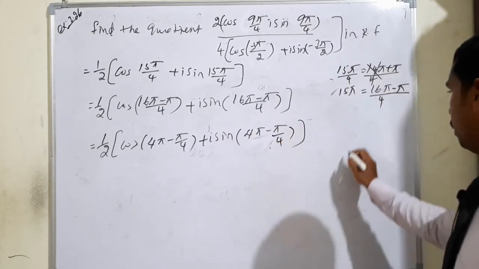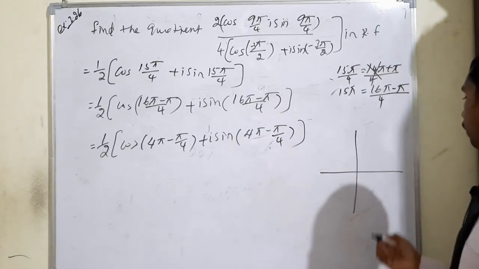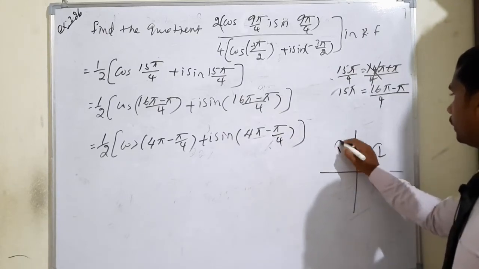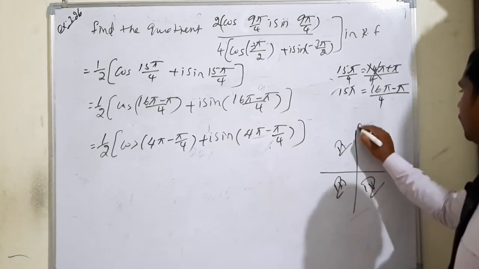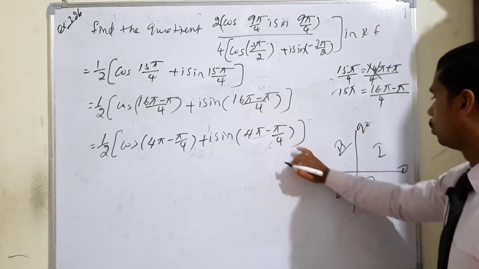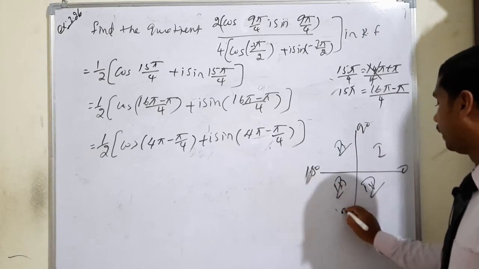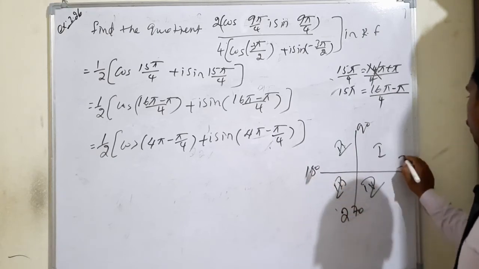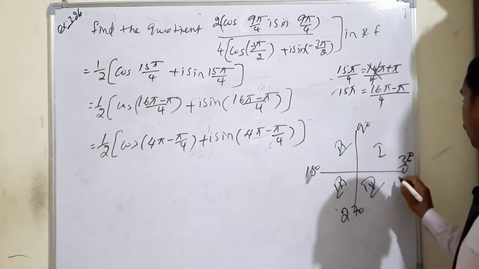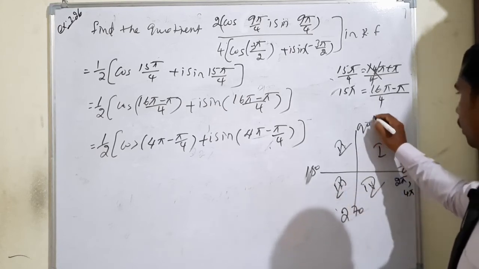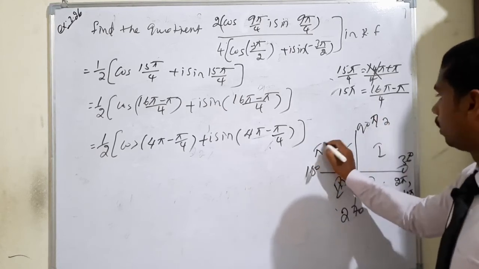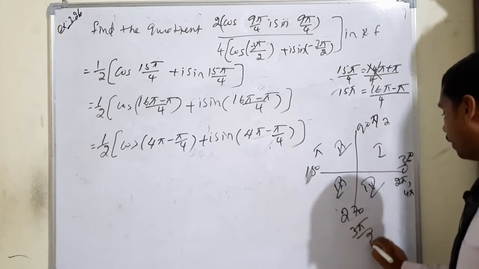This we already know from trigonometric ratios: first quadrant, second quadrant, third quadrant and fourth quadrant, 0 to 90, 90 to 180, 180 to 270, 270 to 360. Pi means what will happen? This is 2 pi, then 4 pi, 6 pi, it keeps moving on. Pi by 2 is called pi, 270 is called 3 pi by 2.